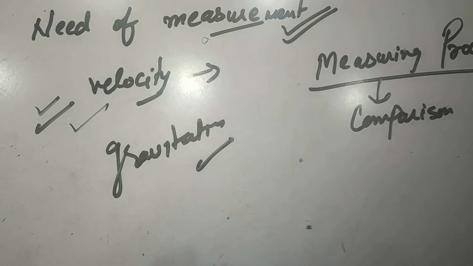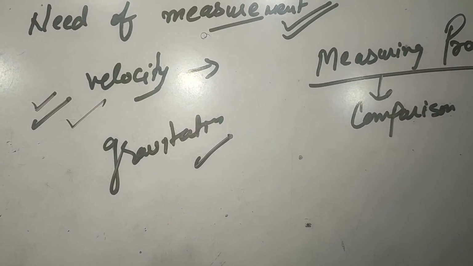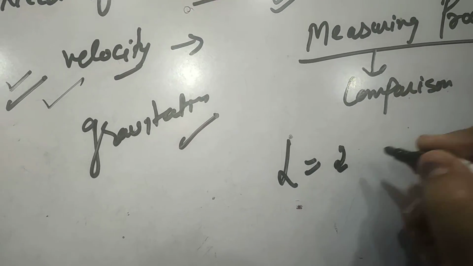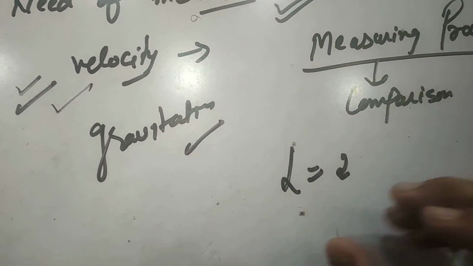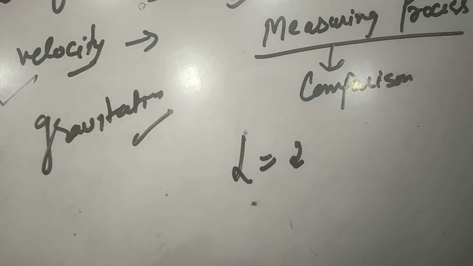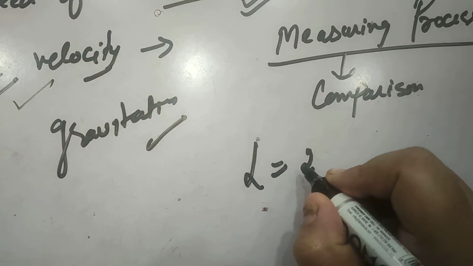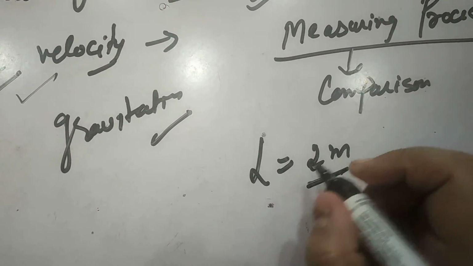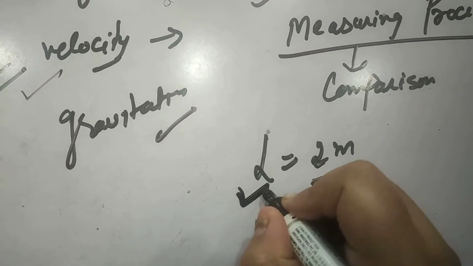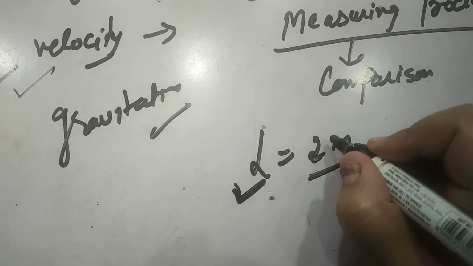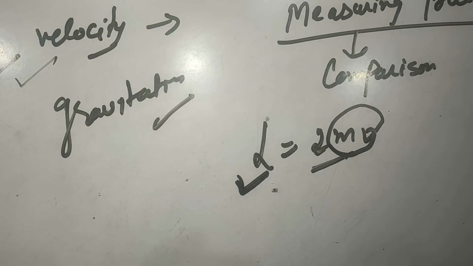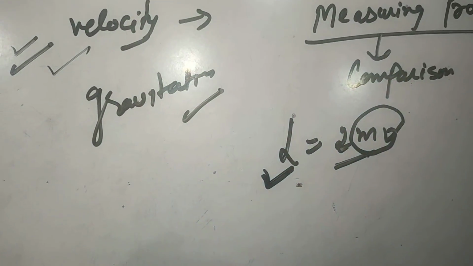For example, again we take the example of measuring the length of the table. Let us say it is 2 meter. So in this case, what are we comparing? We are comparing the length with the standard chosen. Right? So this is the comparison process.